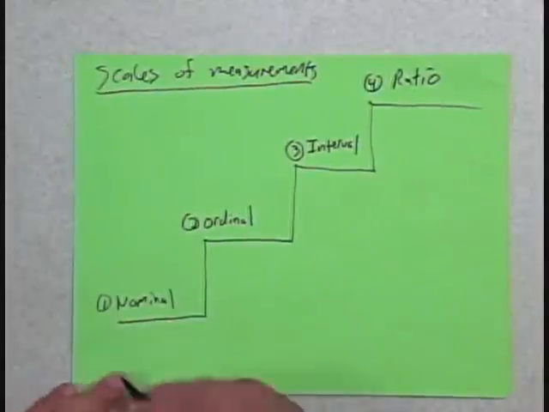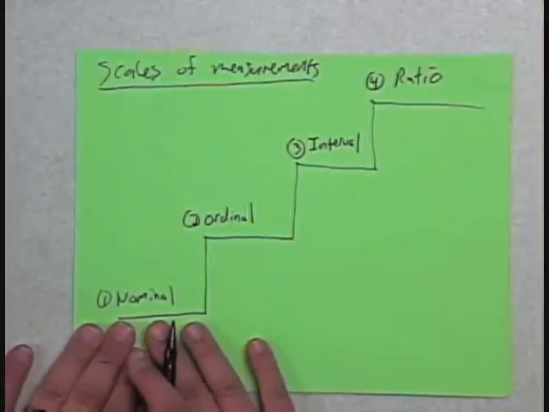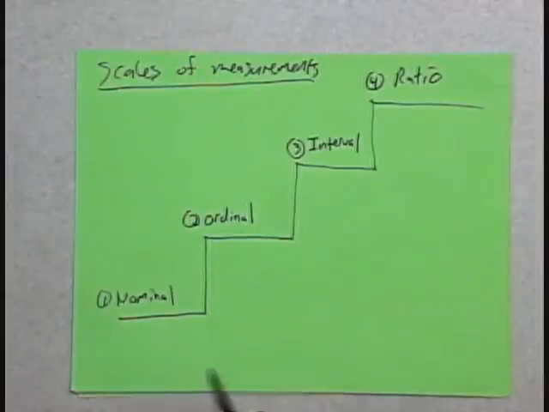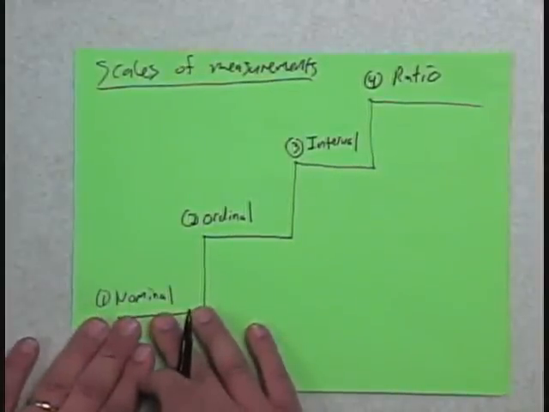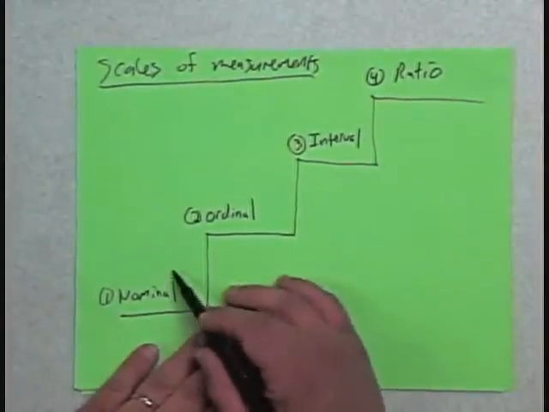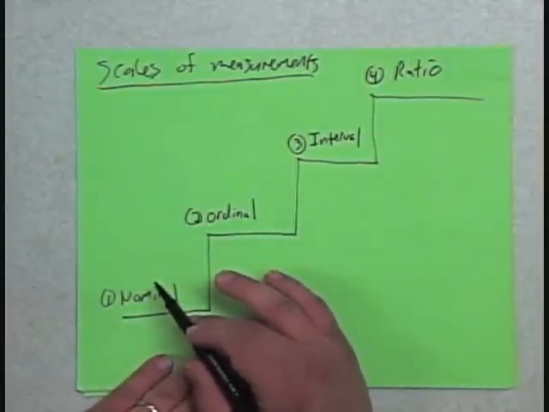And what you have here is the nominal is like the simplest scale of measurement. It has the least ability to measure. If we can think of something having an ability to measure, this has the least measuring capabilities in a sense. And then when you go up the staircase, the ordinal adds something that the nominal doesn't have.